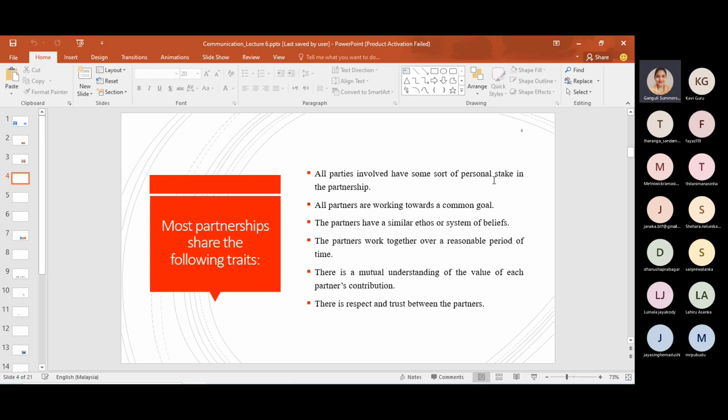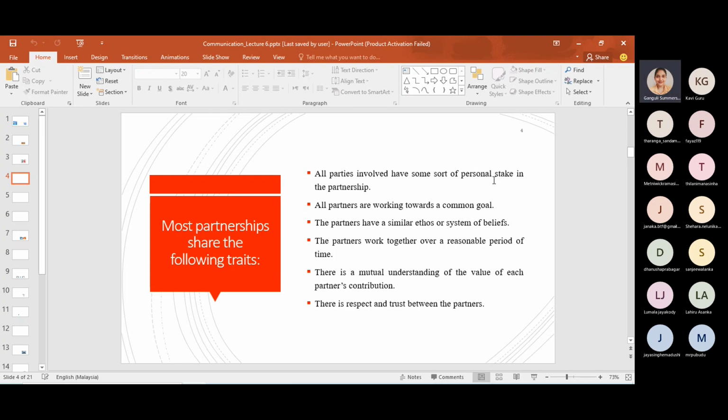And the next point: there is a mutual understanding of the value of each partner's contribution. When we are engaged in partnership working, all the parties involved, all the organizations or companies, should have a mutual understanding about each one of them.